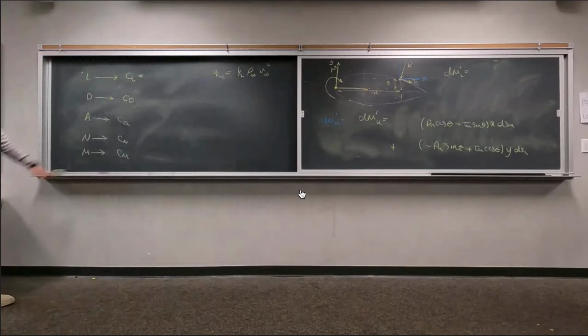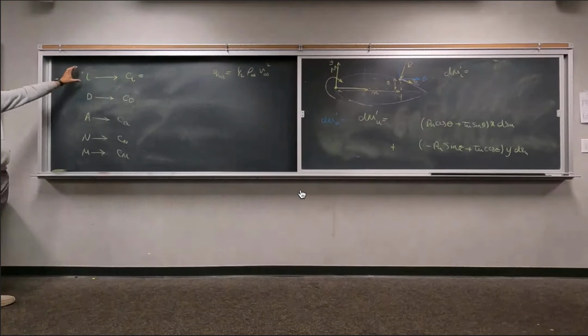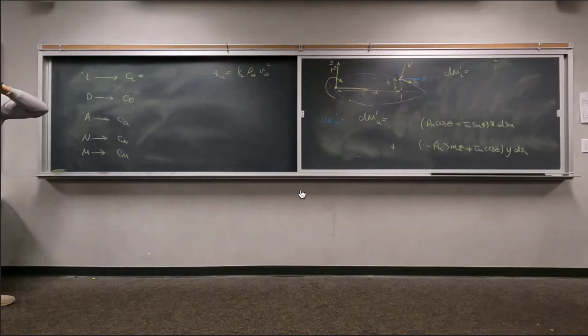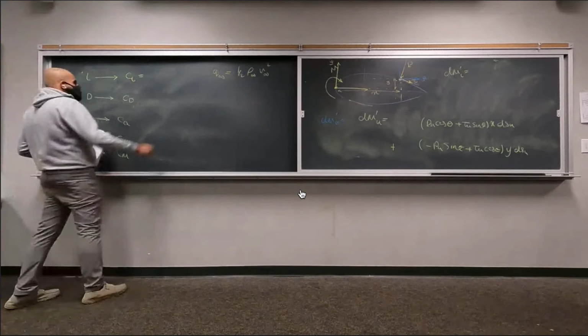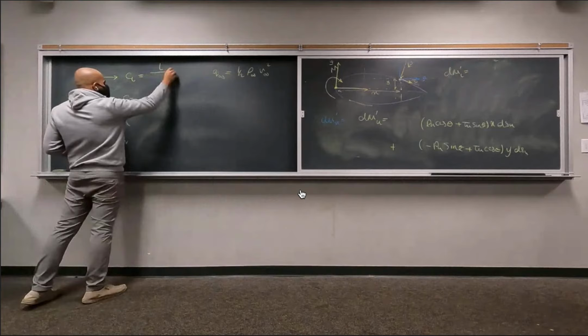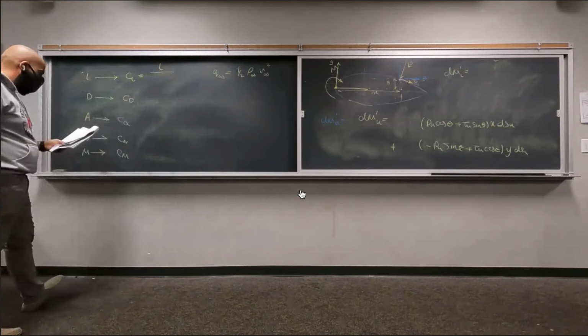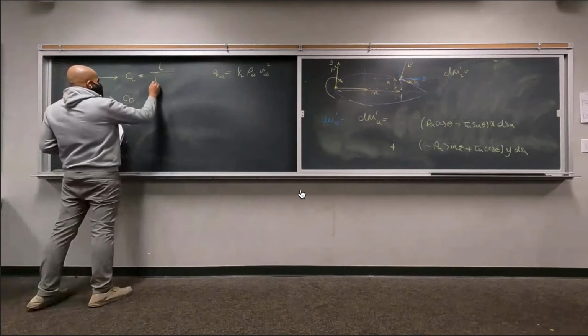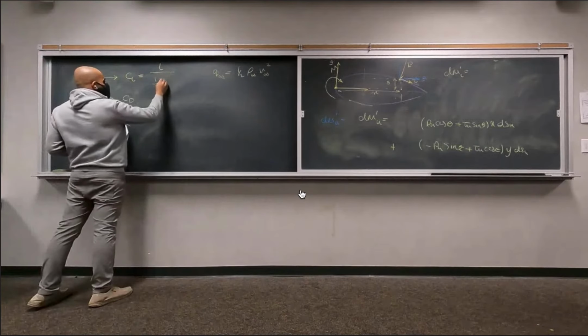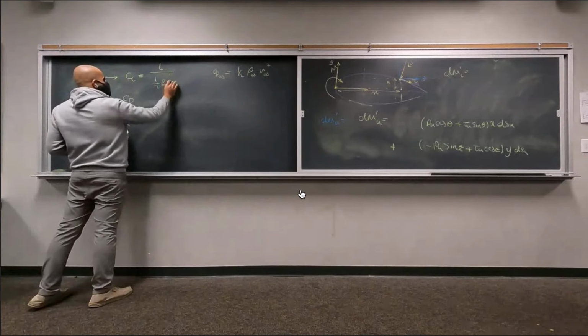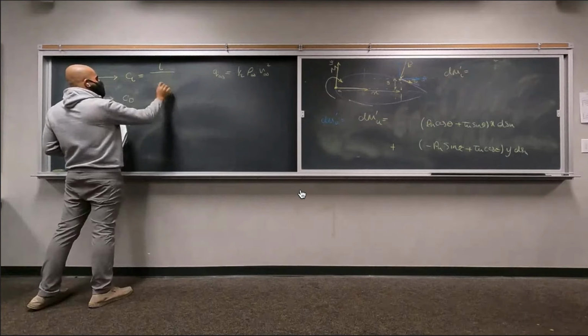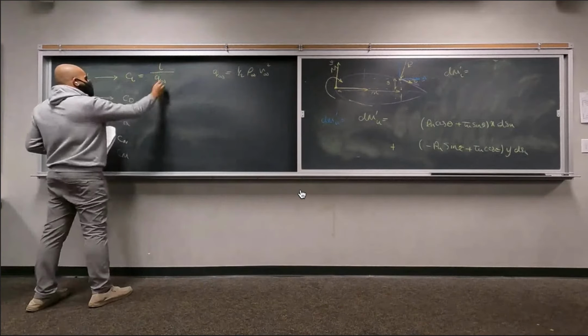So we define any coefficient you want to deal with as the comparison of the force that it's related to with the dynamic pressure. So lift coefficient is going to be your lift divided by dynamic pressure. Let me actually use Q infinity here.